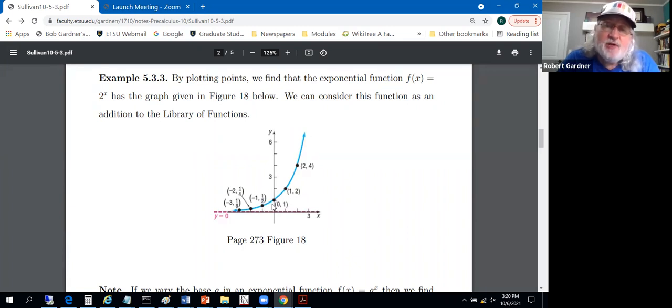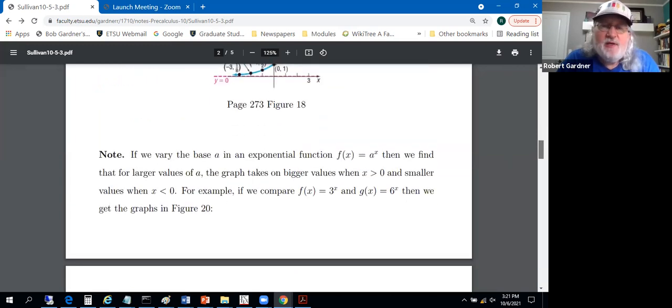That means what happens over here on the right gets reflected around to something over here on the left, and what's happening over here on the left gets reflected over to behavior on the right. So what we would get would be a super steeply decreasing function that would pass through this point, and then have an asymptote on the right of 0.